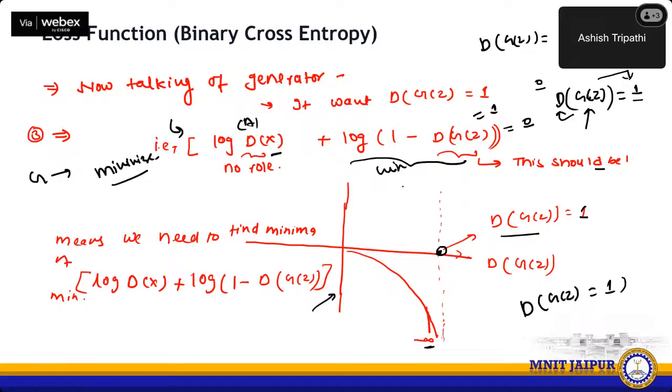So the generator wants D of G of z to be equal to 1, that means wrong classification by the discriminator. So the generator wants to minimize this. The discriminator has no role in this; the generator has a role only in log of 1 minus D of G of z.